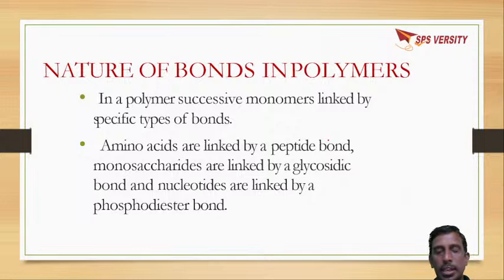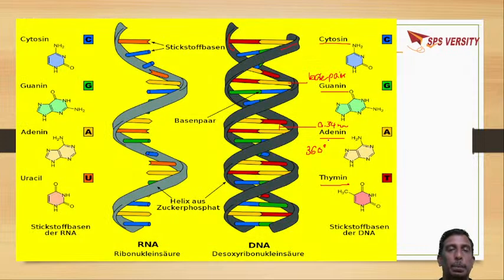Generally, RNA is single-stranded, and in RNA thymine is absent. In the place of thymine, uracil is present.